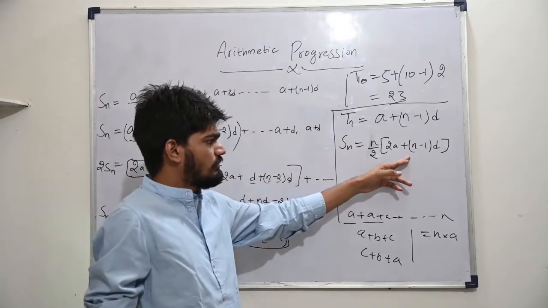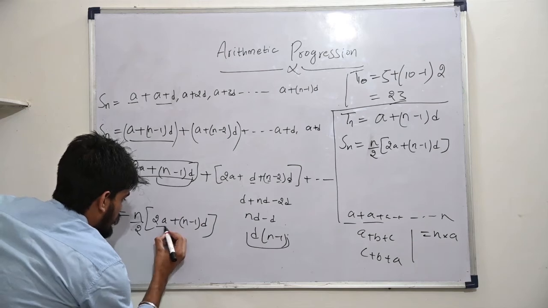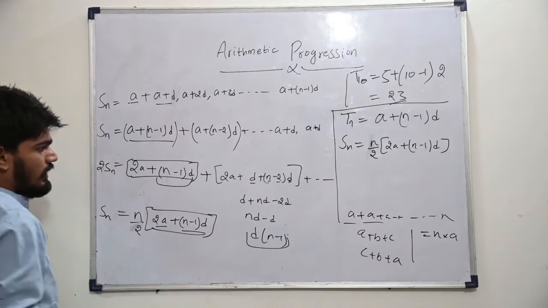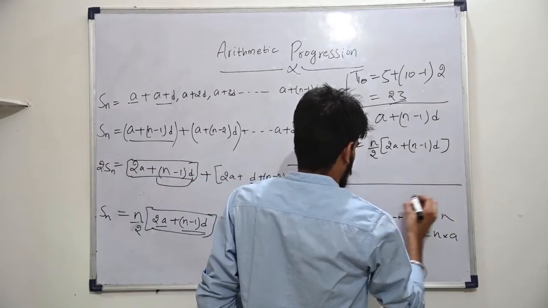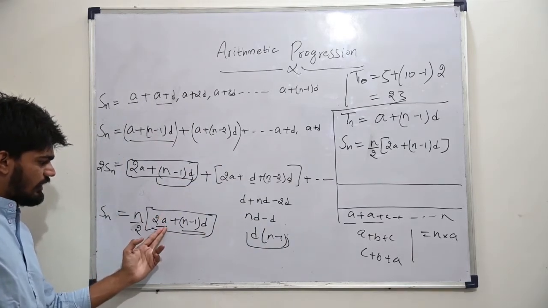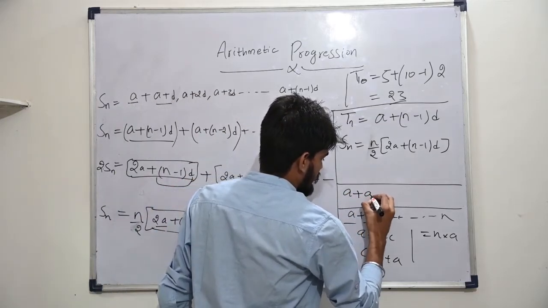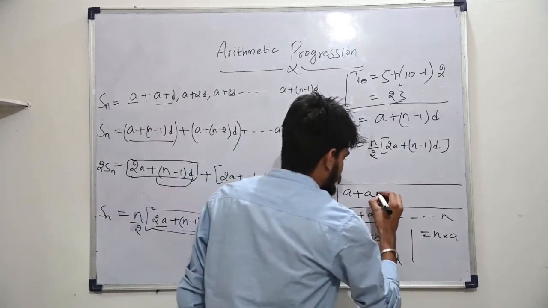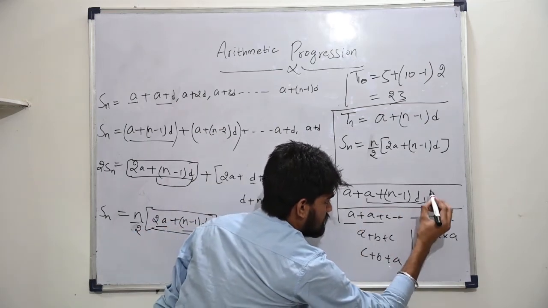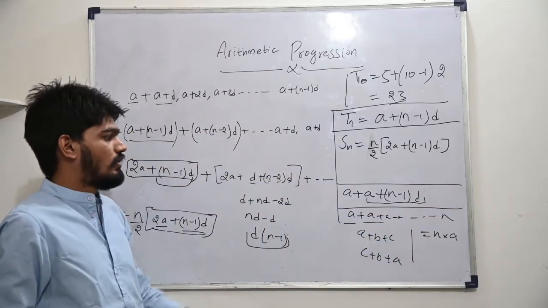Alright. Now, this formula can be taken in another way as well. How? Here we have 2a plus n minus 1 d. If I write this 2a as a plus a, like a plus a plus n minus 1 d, and if I take only this term, what is this? The nth term of the given expression.